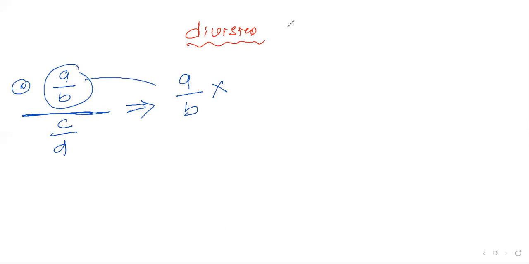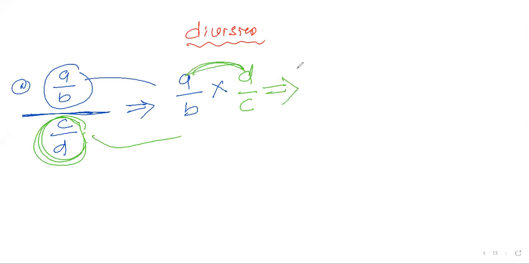Into the denominator write ulta, the reciprocal, d by c. Now multiply the numerator, a into d, by b into c, as usual. I'll take one sample example for your understanding. Example: 2 by 3 divided by 4 by 5.